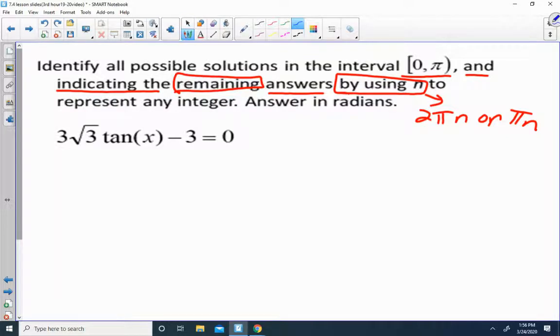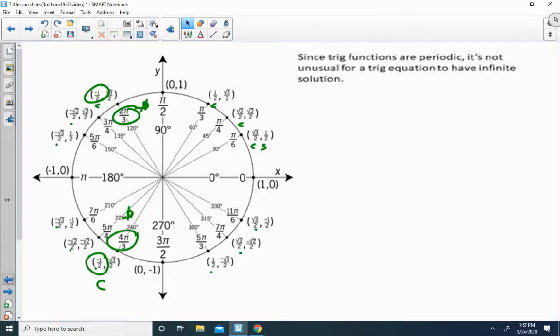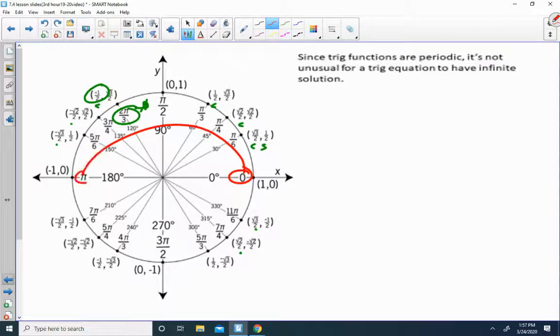But I also want to point out, this is weird. Usually it says it wants 0 to 2 pi. Why is it just 0 to pi now? This is another reason why I want you to read the instructions, because you can't always assume it's going to be 0 to 2 pi. These instructions specifically say 0 to pi, meaning if you go to the unit circle, it only wants the answers from 0 to pi.